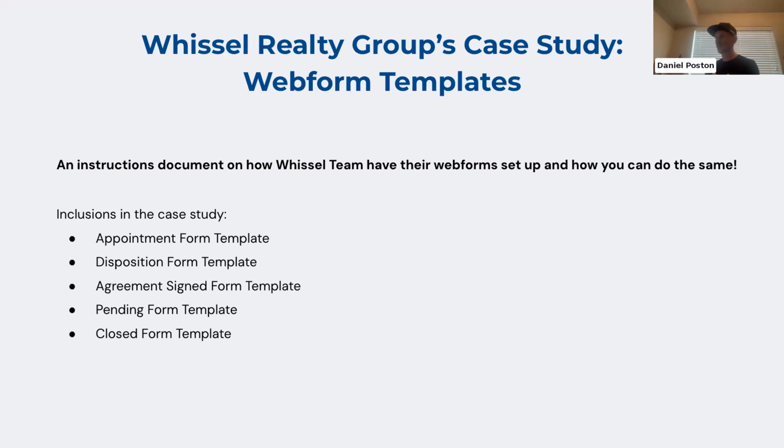The teams that are really being efficient and doing a lot of transactions, they have a long form that asks all the different questions that they need at that stage, and they require their agents to fill out all that info before their admin team will start doing the work. And so you'll be surprised to see how much data the Whistle team's collecting, and it's why they're able to be so efficient and do 600-700 transactions a year.